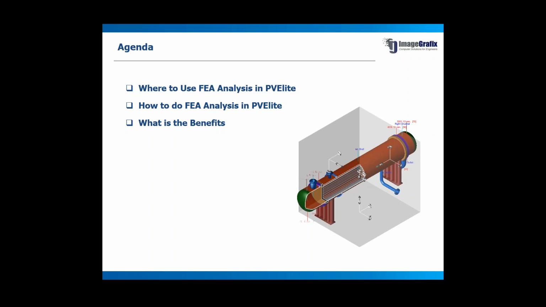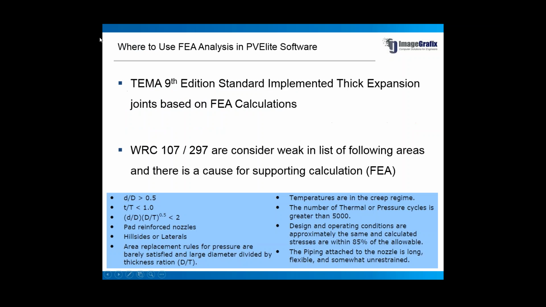Let's start with the first point, where to use the FE analysis in PVElite. Typically, PVElite follows the beam theory, which is mostly sufficient to address the ASME code requirements. However, in some areas you will need to do an FE analysis to fulfill the code details.